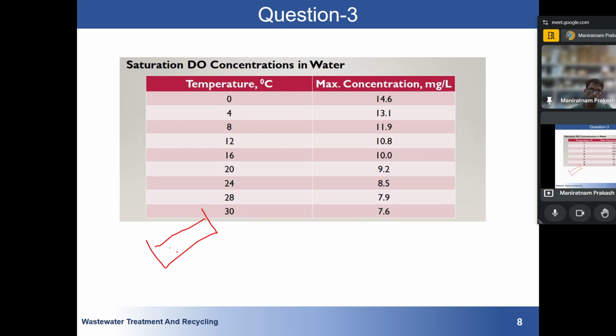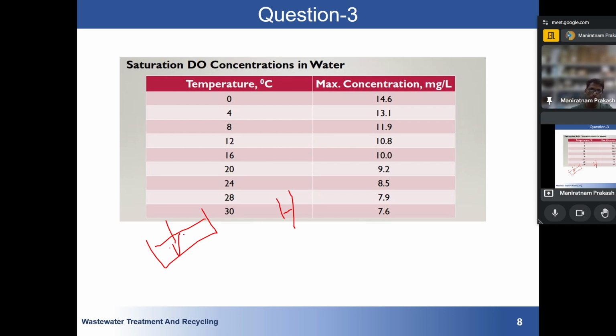Initially, if we talk about solubility, we know that there is Henry's law. Henry's law defines that the concentration in water is directly proportional to, or dependent upon, the partial pressure of that gas. So due to that effect, there will be some dissolution of gases in the water.